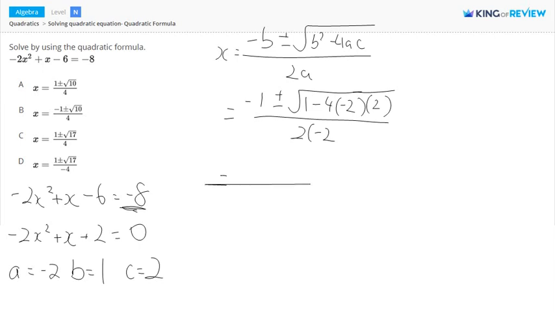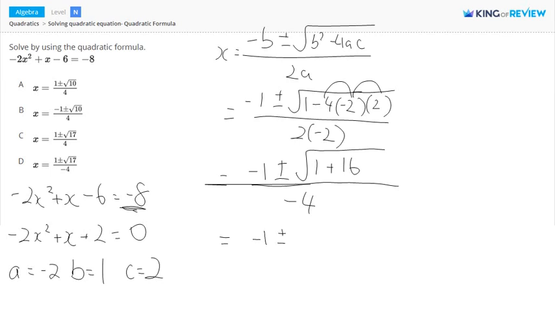So that equals negative 1 plus or minus square root of 1, negative 4 times negative 2, which is 8, times 2, which is 16, so plus 16, over negative 2 times 2, which is negative 4. So this is going to be negative 1 plus or minus square root of 17 over negative 4.